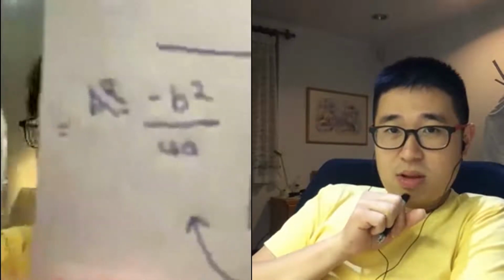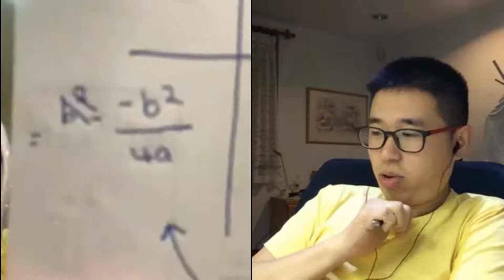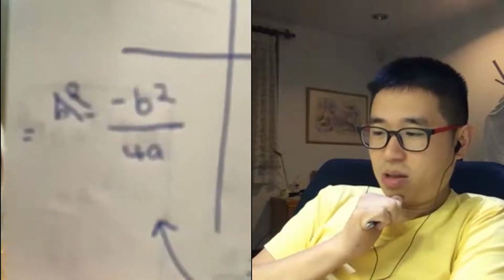B square minus this is 4. So you got minus b square over 4a? Yeah. Can you show that to me again?